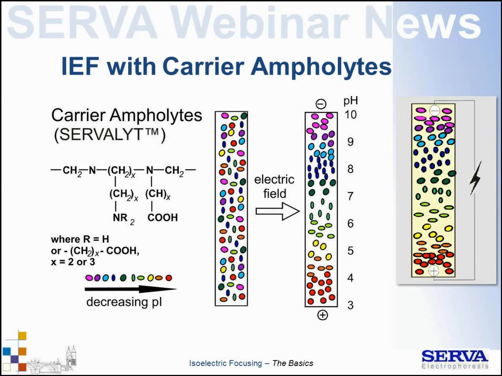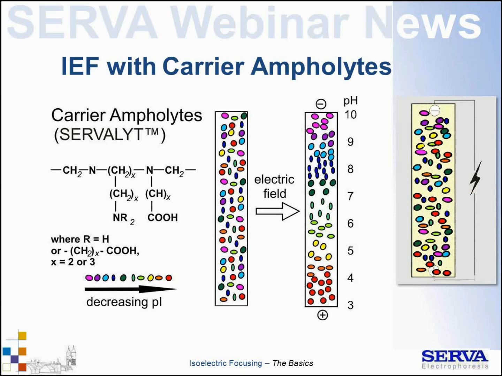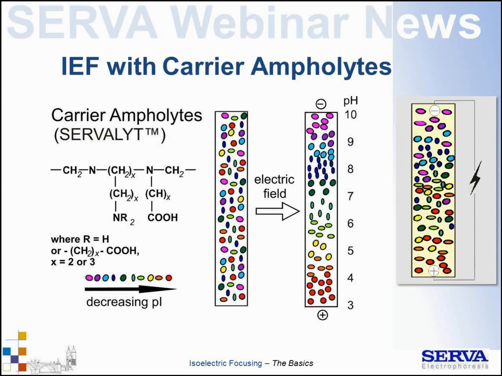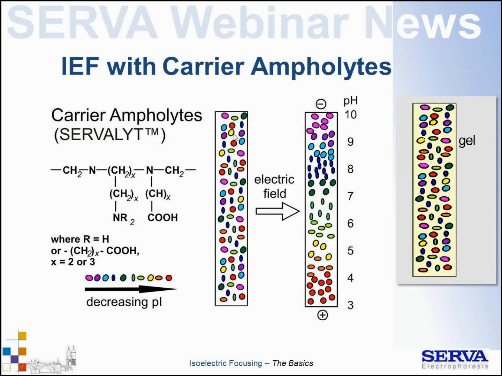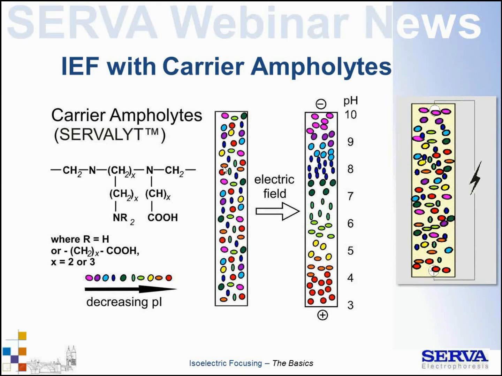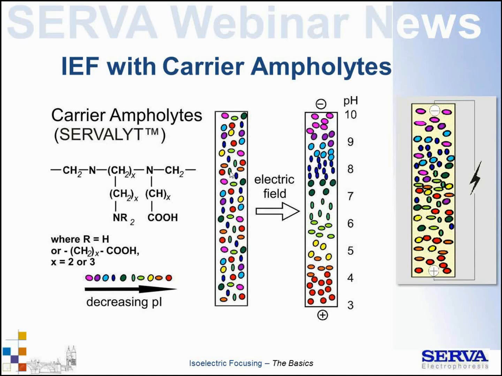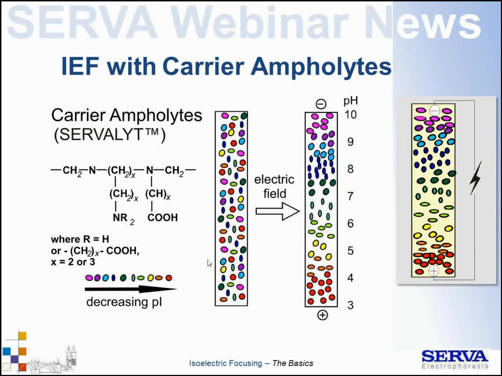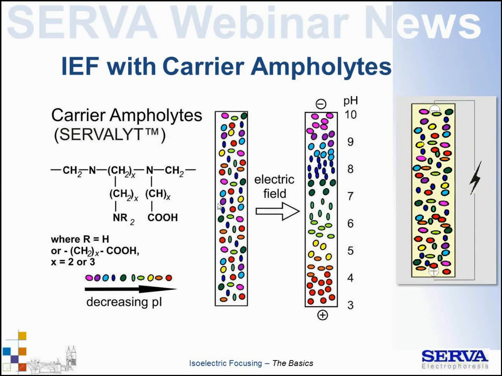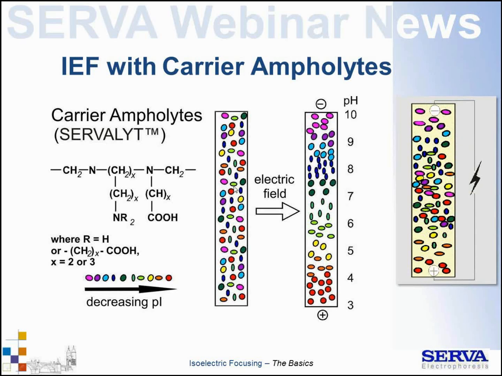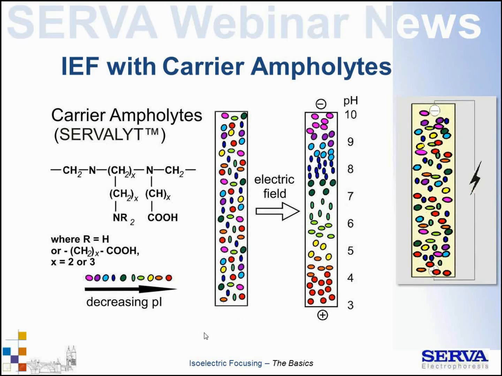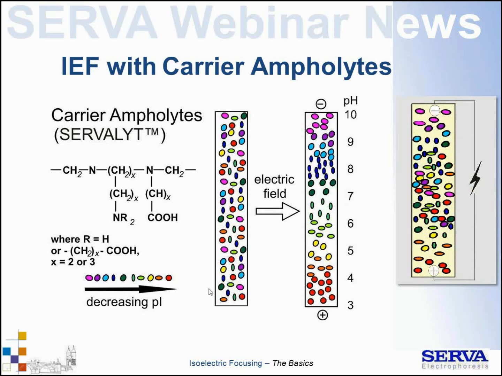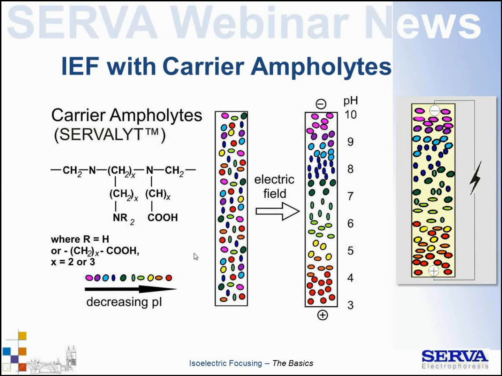And so how do you generate a pH gradient out of this? When you have them in a mixture, the basic individuals which have more amino groups will naturally become positively charged, because the average pH, the mean pH, will be about pH 7. So you will have protonated basic groups in the very basic molecules, and you will have deprotonated carboxylic groups in the acidic individuals.